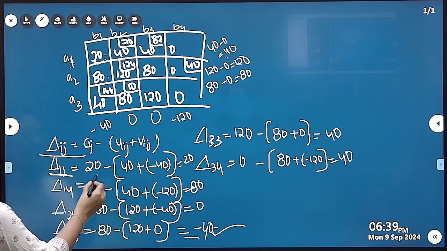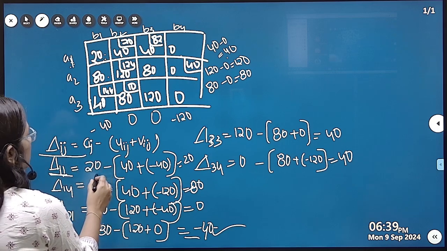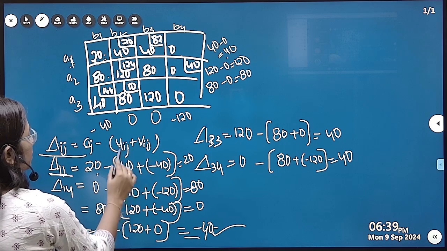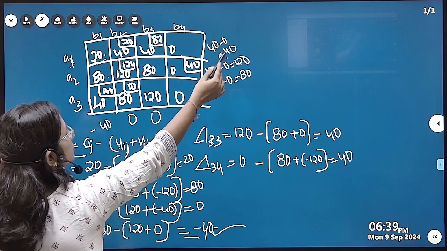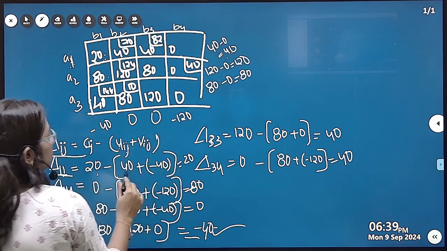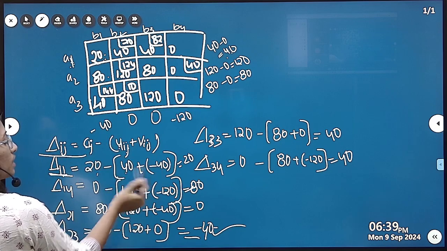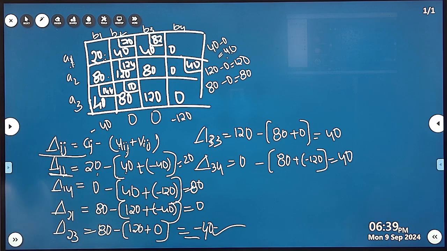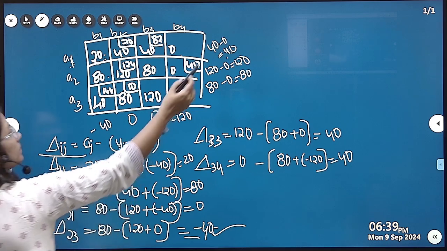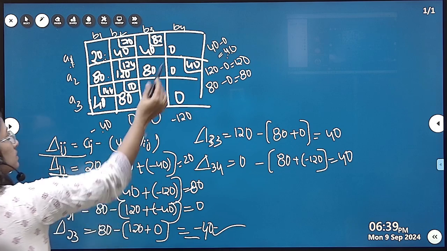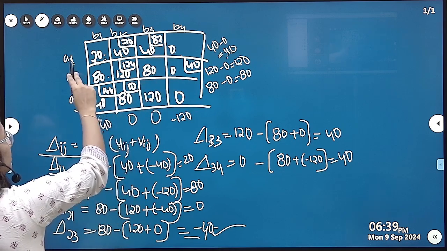So let us take that Cj is nothing but the cost, 20, minus Ui plus Vj. Meaning which is Ui? This one, 40, plus, and here how much is Vj? Minus 40. Okay, ma'am, this 40 and this 40. So the next value is 0 and the cell is A1 and B4.